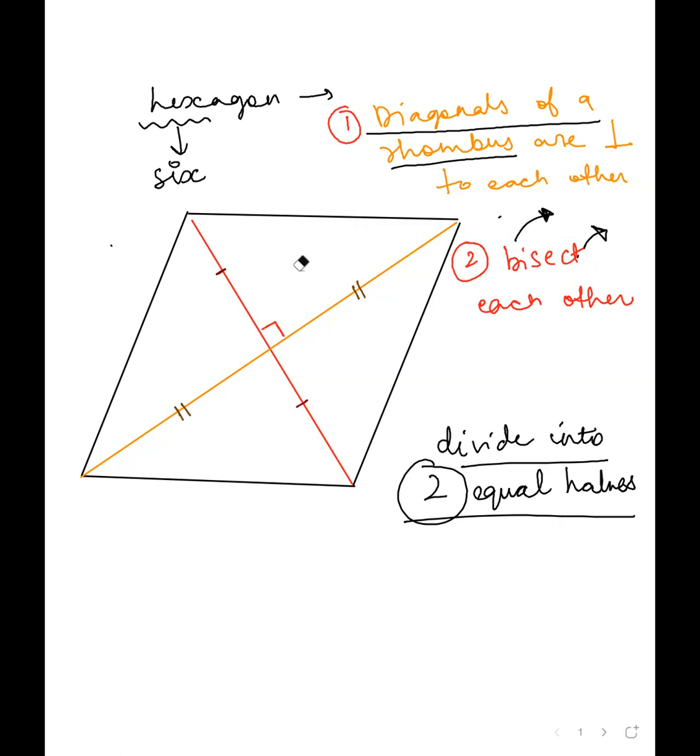Hiba, I haven't made the diagram very accurately because I have not used a scale. But if you make a rhombus by yourself, then draw the diagonals and measure the angle, you will see that it's 90 degrees.